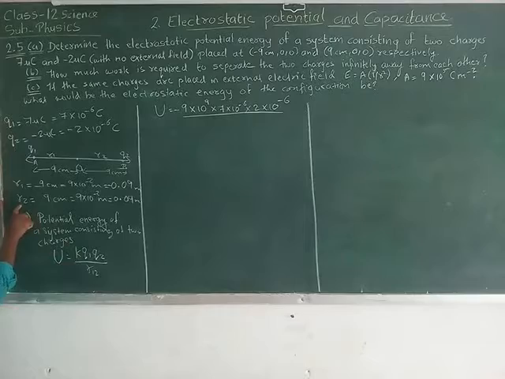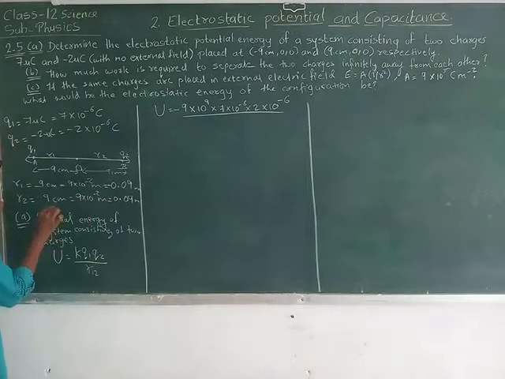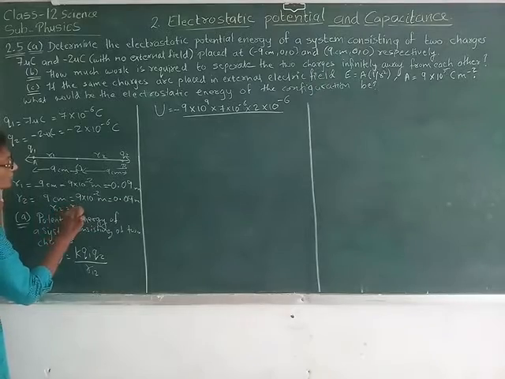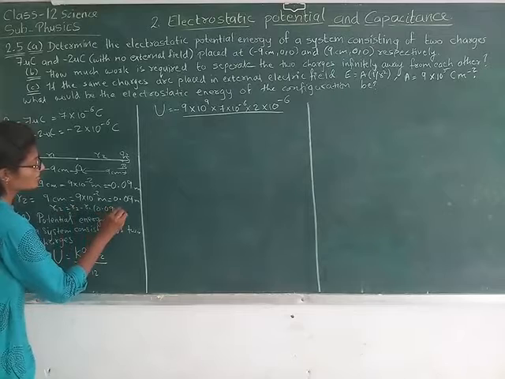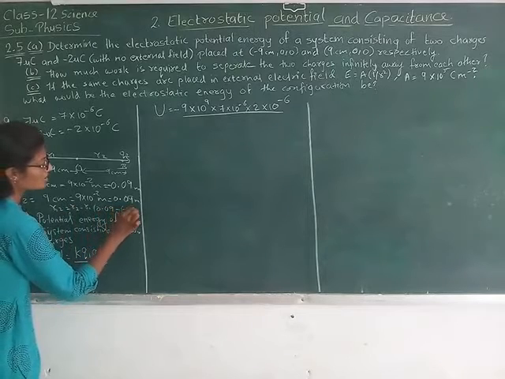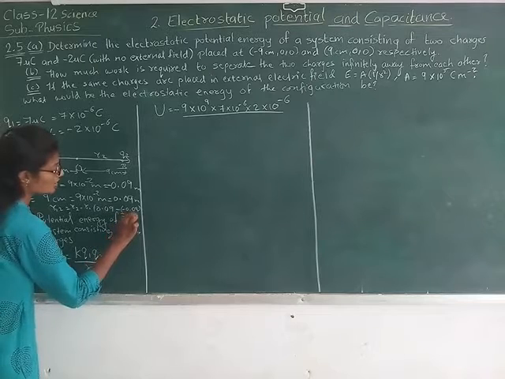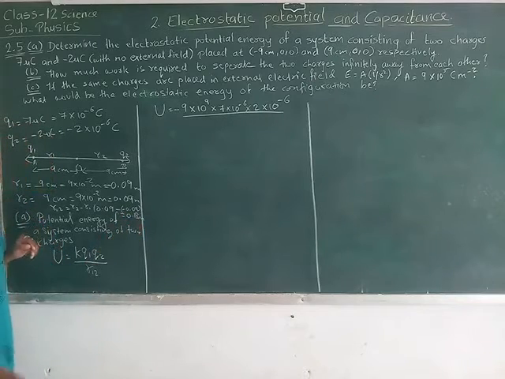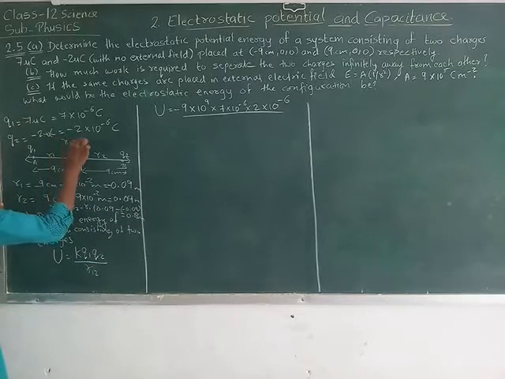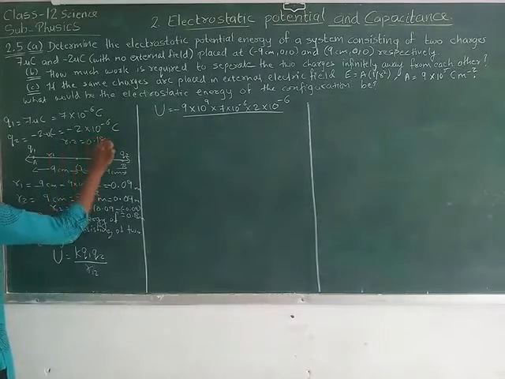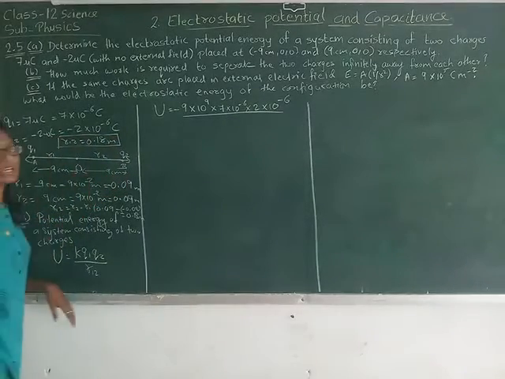Or you can write like this, right? That is R2 minus R1. R12 is R2 minus R1, which is 0.09 minus minus 0.09, which is plus 0.18 meter, right? So here let me write over here. R12 is 0.18 meter, the distance between Q1 and Q2.